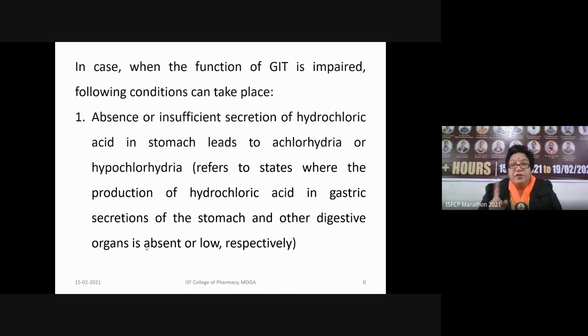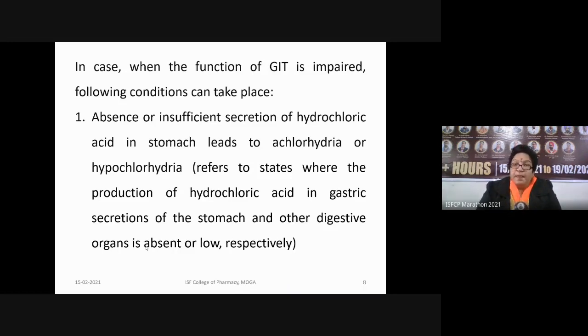Without hydrochloric acid, the chemical reaction will not take place and the food will not be broken down further. So there are two conditions: either the complete absence of hydrochloric acid or insufficient secretion by the parietal cells. Both these conditions are very harmful.